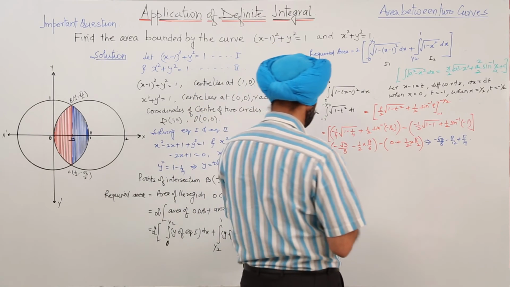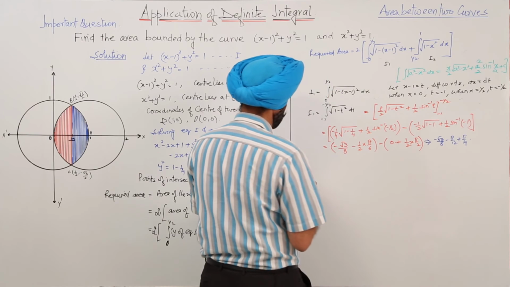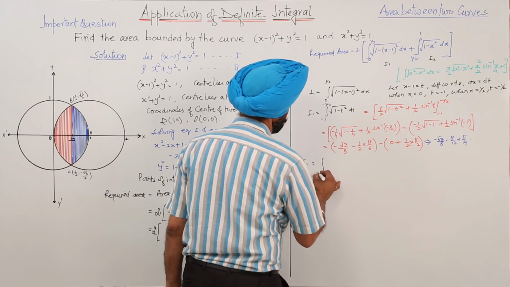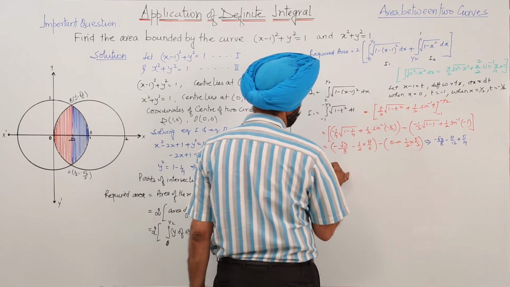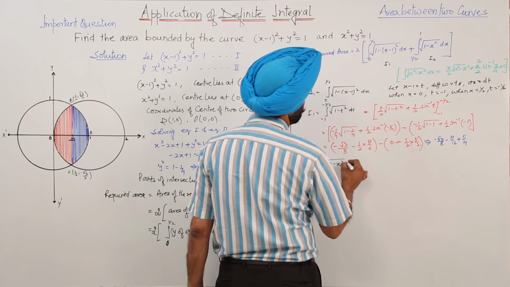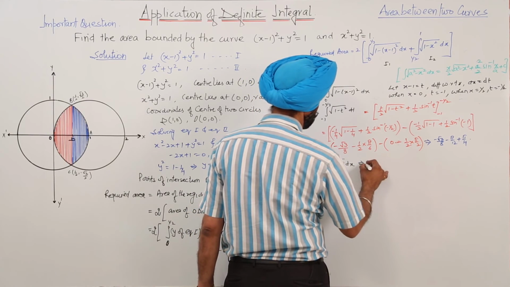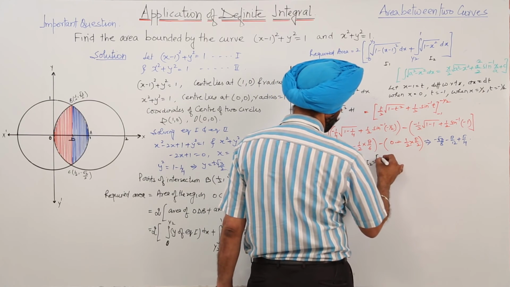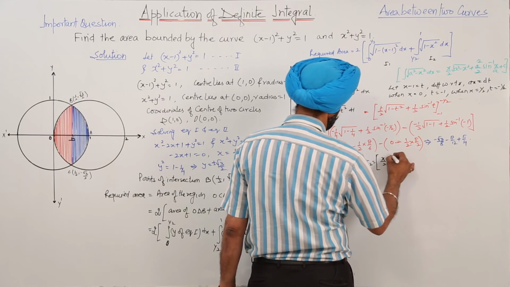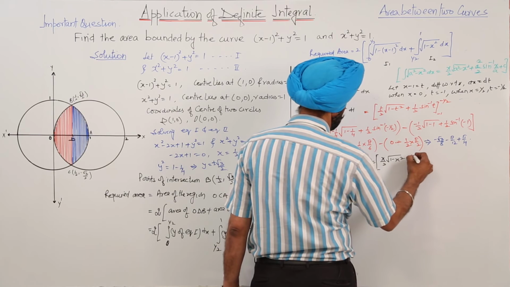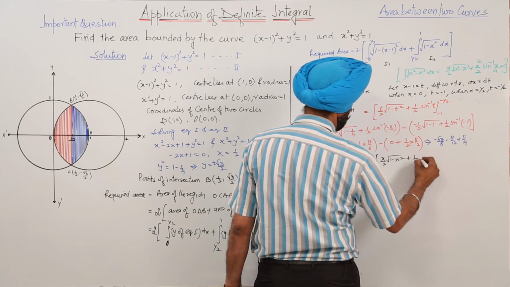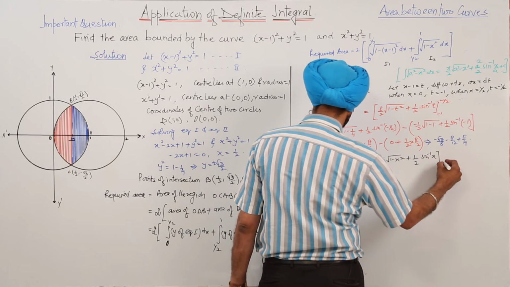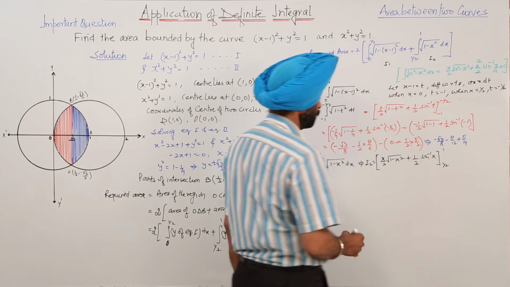Now I2 is the integral from 1/2 to 1 of √(1 − x²) dx. This implies I2 = (x/2)√(1 − x²) + (1/2) sin⁻¹ x from 1/2 to 1.